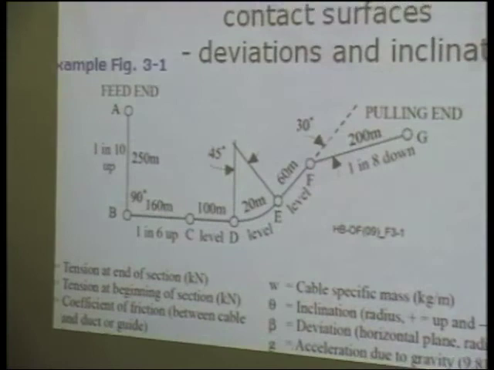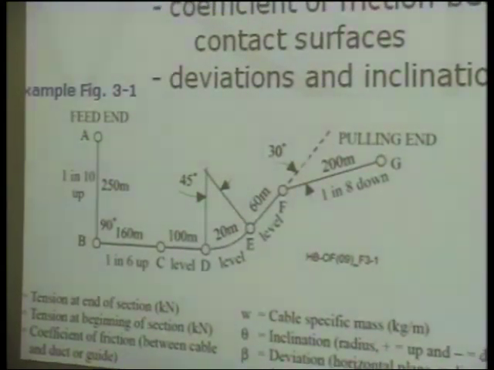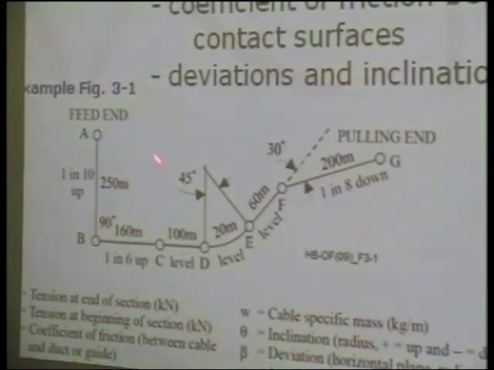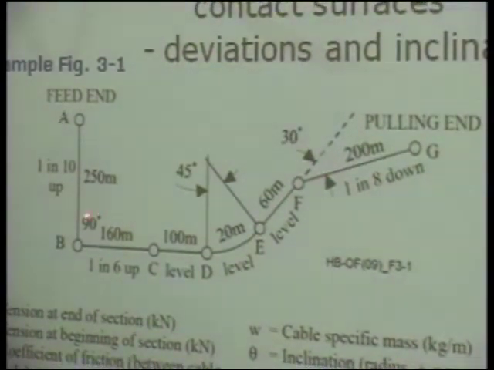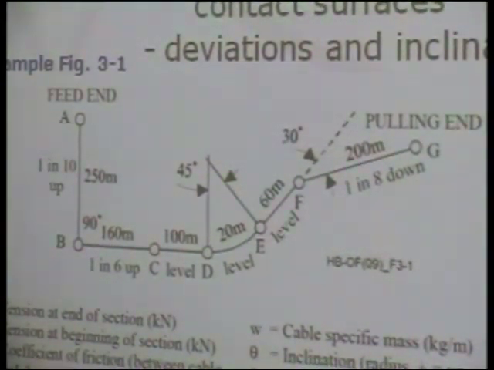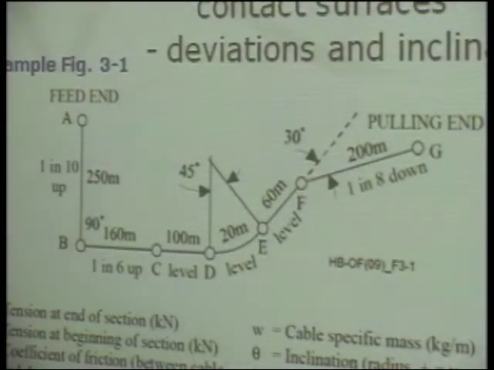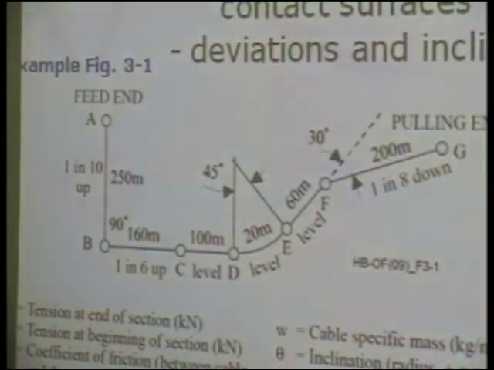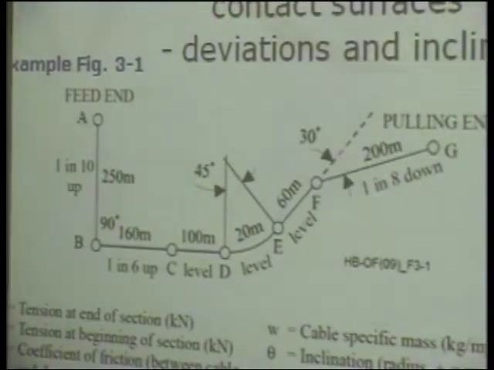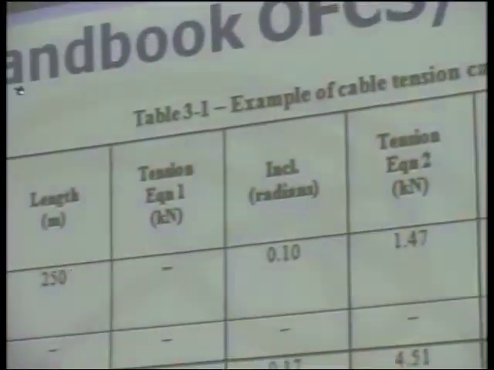When we have a lot of sections with different characteristics, we can see here that we have some points of control, and we have all the information about these points relating to the geometrical effects, the inclination, the deviation, and considering this and some math, we can find a way to obtain this accumulated tension.